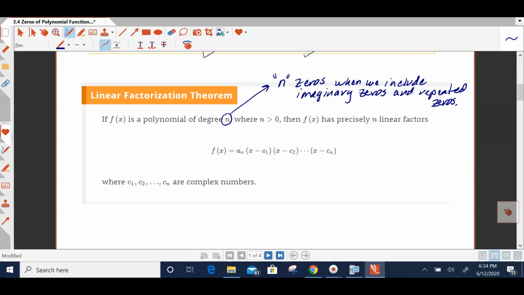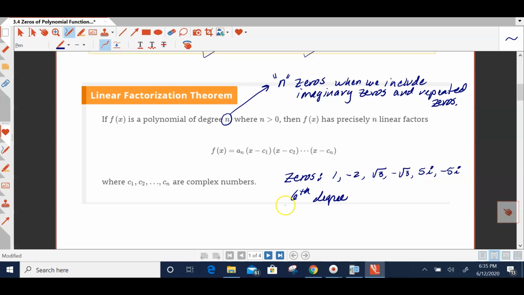So if I had a function that had the zeros of, let's say, 1, -2, square root of 3, negative square root of 3, 5i, and -5i. Let's just say I had a polynomial function and I was given this list of 6 zeros. Then I know that this would be a 6th degree polynomial function, because I have 1, 2, 3, 4, 5, 6 zeros.